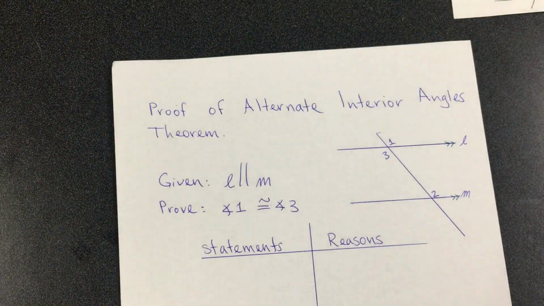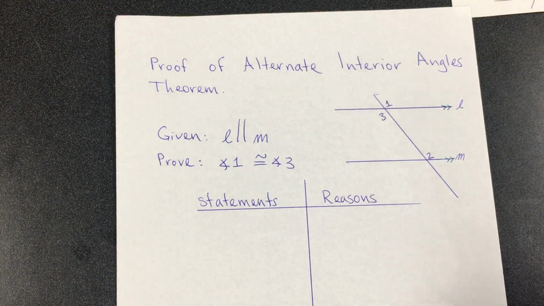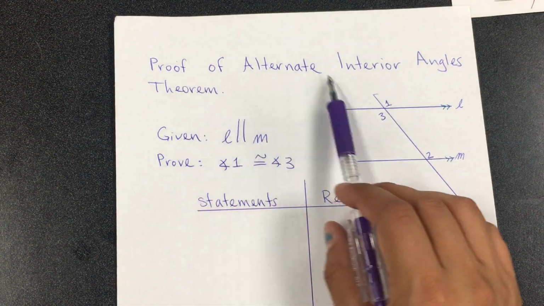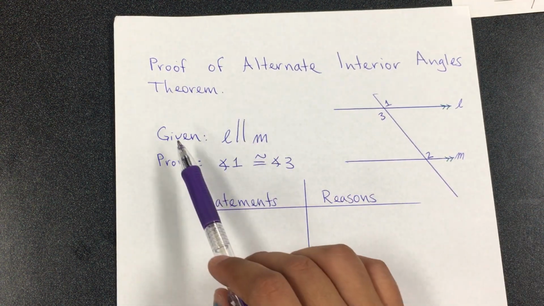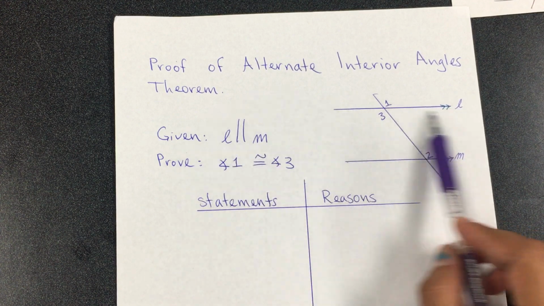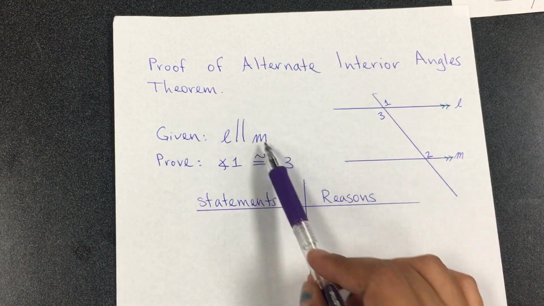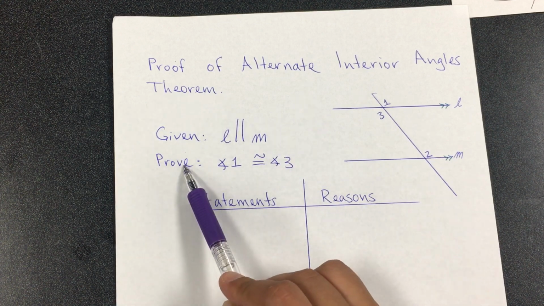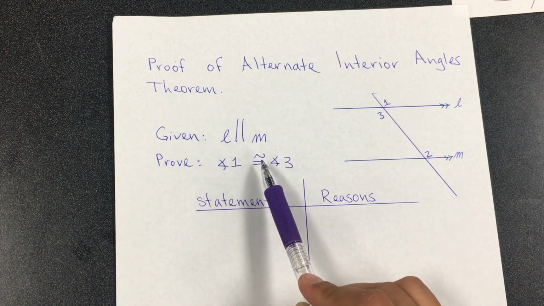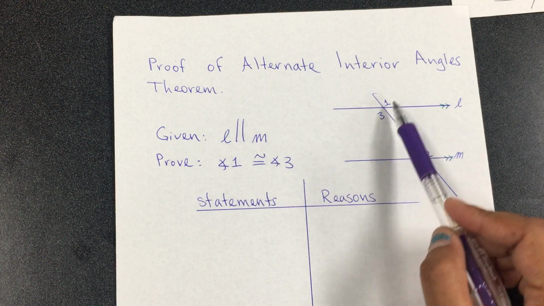And so let me show you a proof for alternate interior angles. You can actually do one for the same side interior angles as well, but we're going to do this proof. So it says proof of alternate interior angles theorem. Given that line L is parallel to line M, now you're going to prove that angle 1 is congruent to angle 3.